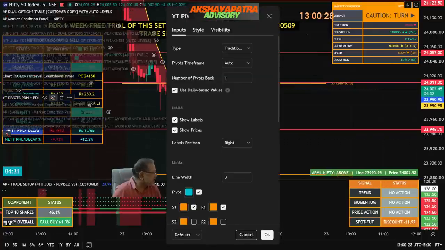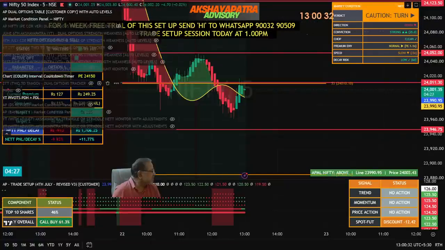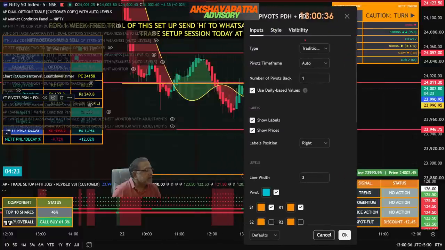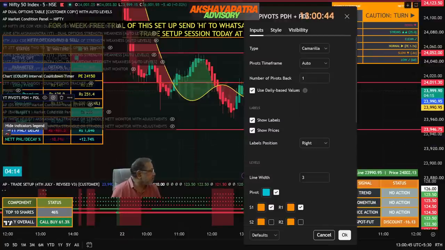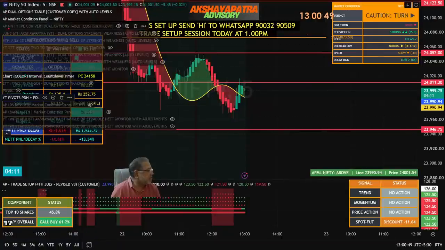Pivot is nothing but trying to calculate a range based on yesterday's high, low, etc. That's what pivot is, the range. There is traditional, but we use Camarilla most of the time, unless today when it went out of the range, then only we shifted to traditional.